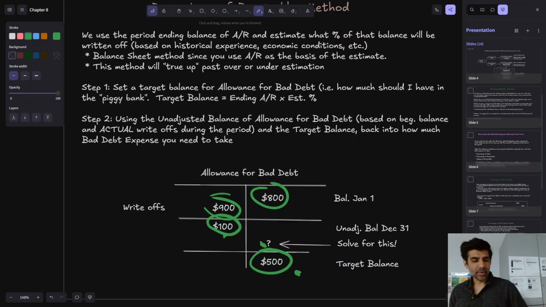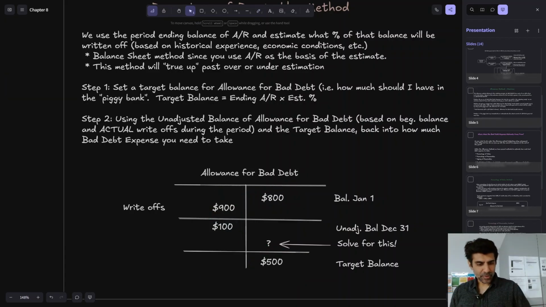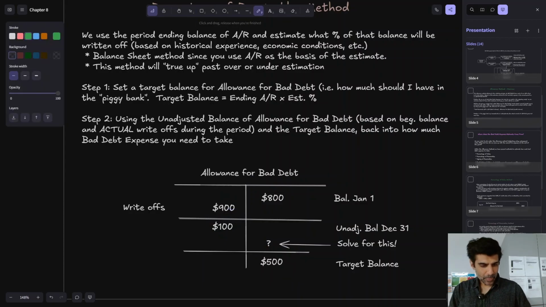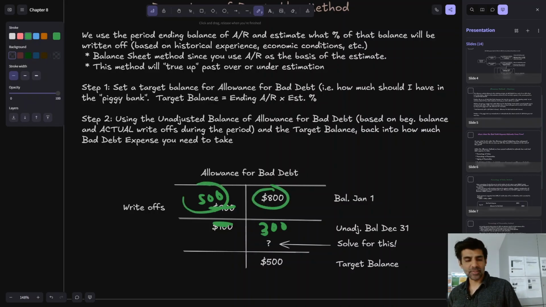Or let's say instead of this being 900, this had been 500. This would have been $300. In this case, we overestimated. We had a piggy bank of 800, but actually we only took $500 of losses. In this case, we're going to benefit from that by taking a smaller adjusting entry here.